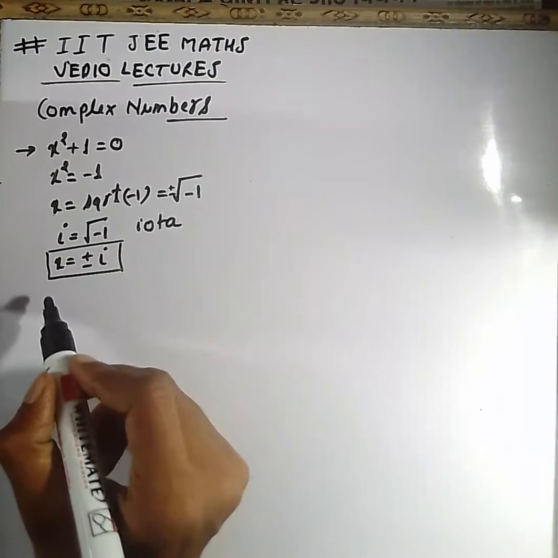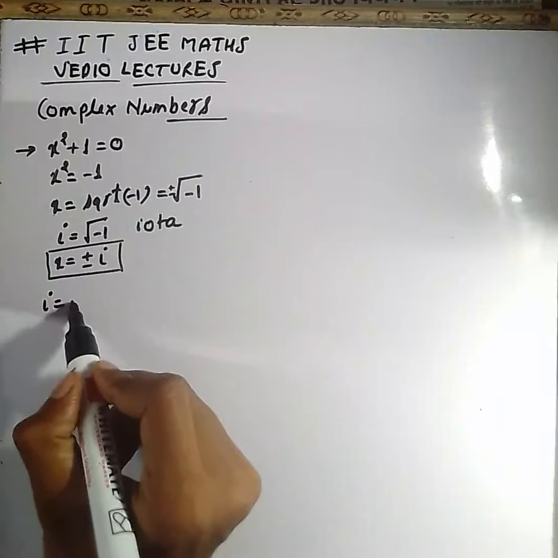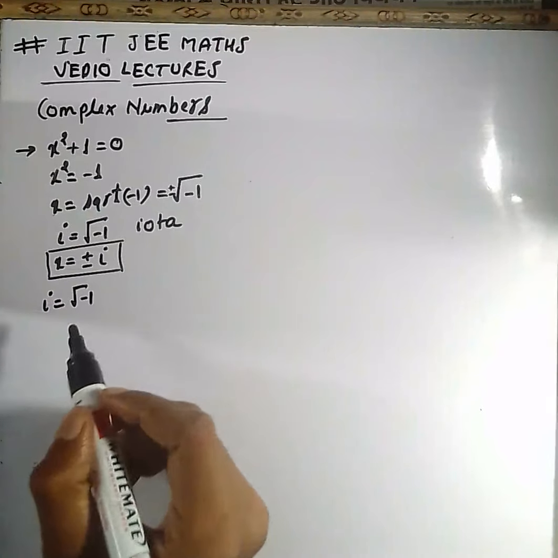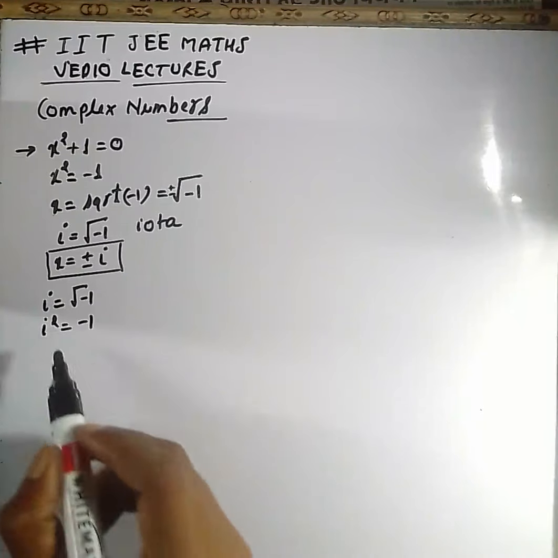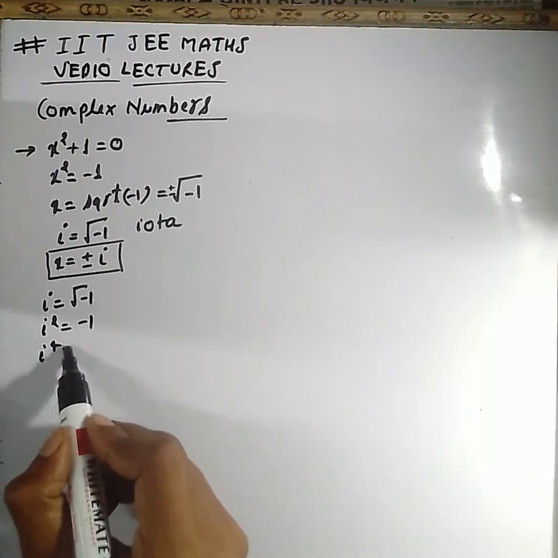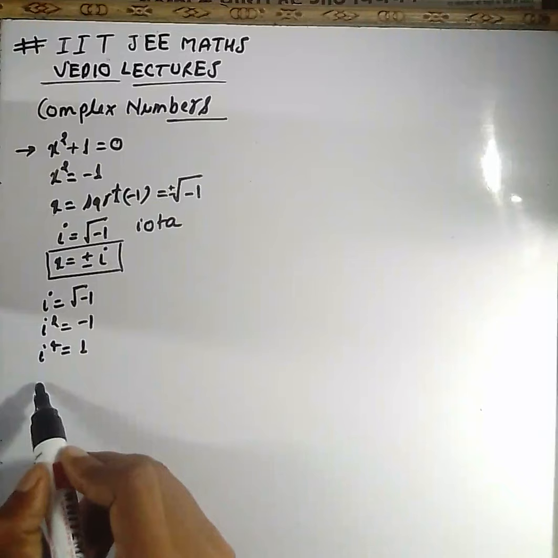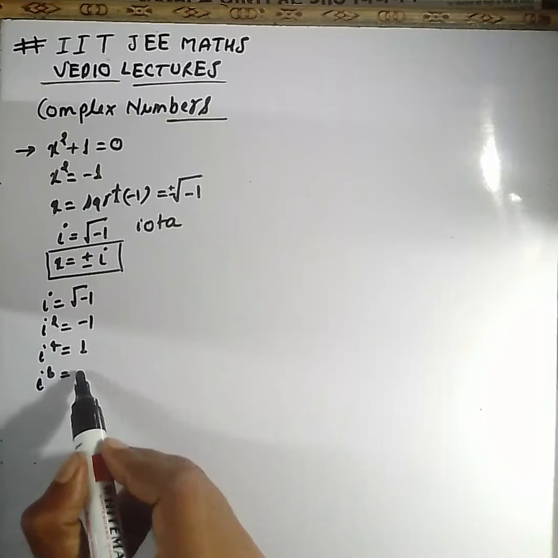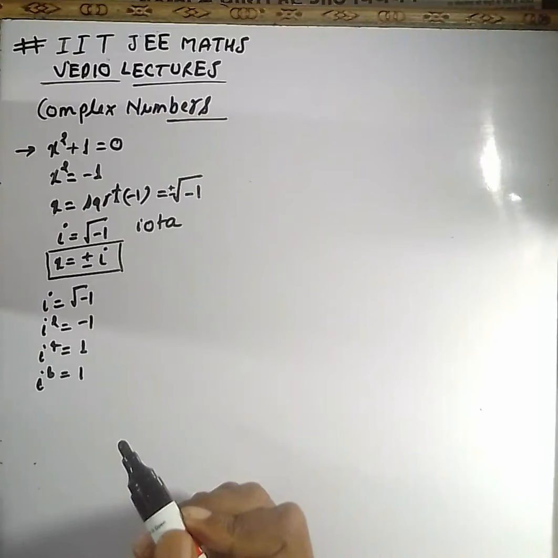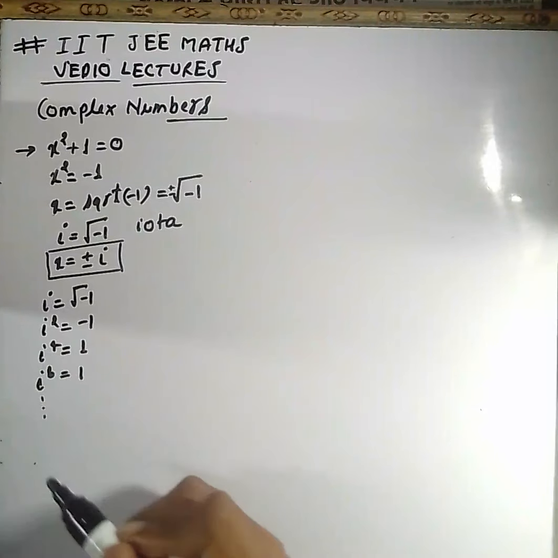If i equals to under root of minus 1, then i square will be minus 1, then i to power 4 equals to 1, i to power 8 equals to 1, and so on.